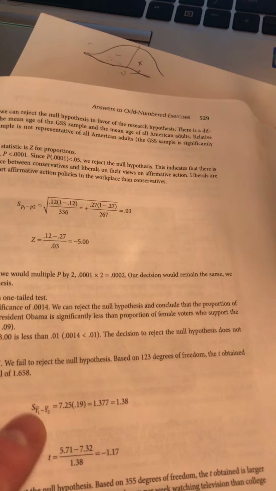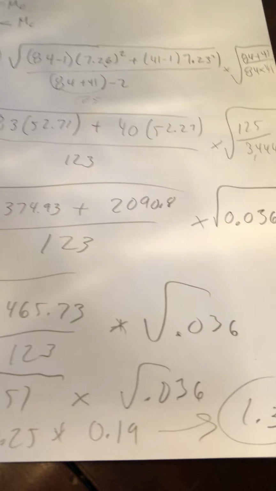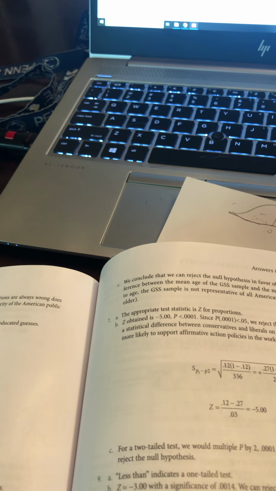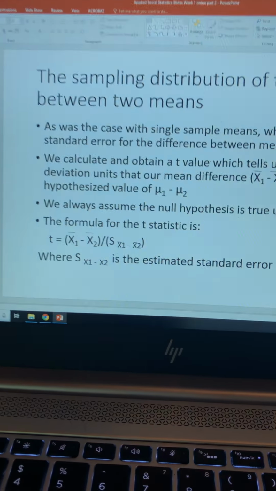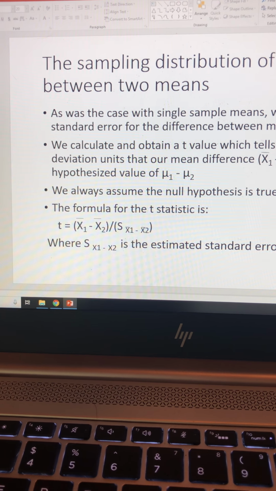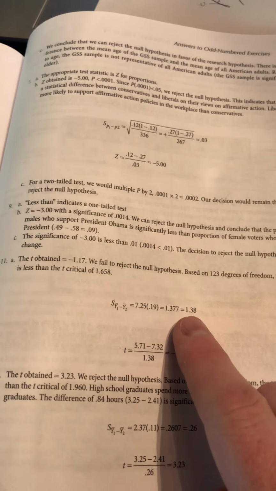So everything I've done leads me to this point where I get that 1.38, which is the estimate of the standard error of the differences. Now, go back to the equation to calculate the test statistic: t is equal to the mean of group 1 minus the mean of group 2 over the standard error of differences. Well, the lengthy stuff we did was the standard error of differences to get this.